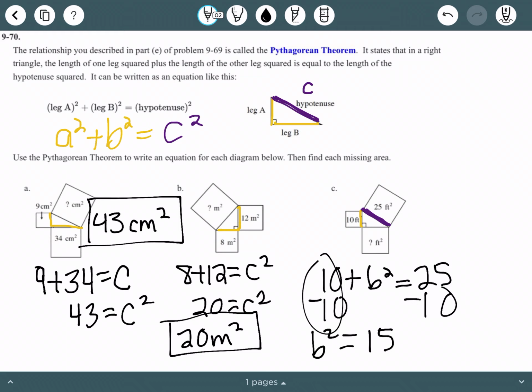Now in this case, in terms of labels and area, we're going to say that it is 15. In this case, we're talking feet. And since it's area, it needs to be squared. Okay, that's all for problem 970.